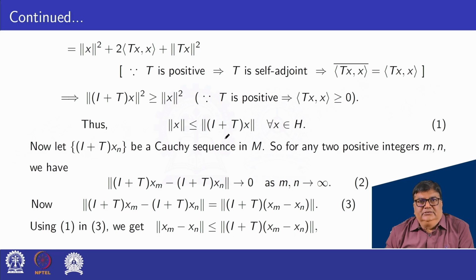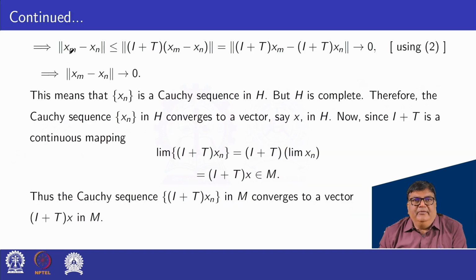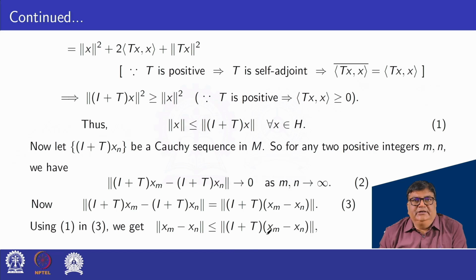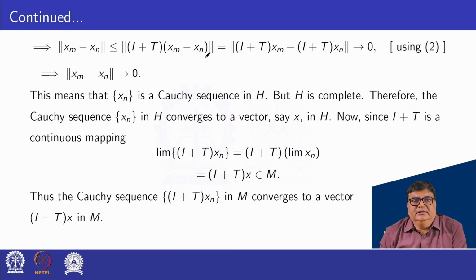As per this inequality, this implies that norm xm minus xn is less or equal to norm (I plus T)(xm minus xn), and here (I plus T)(xm minus xn) is (I plus T)xm minus (I plus T)xn.